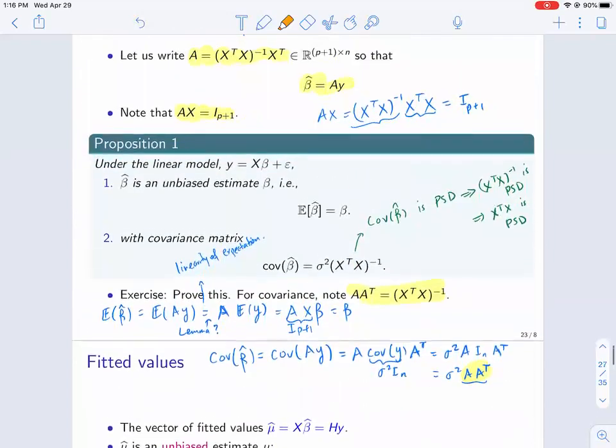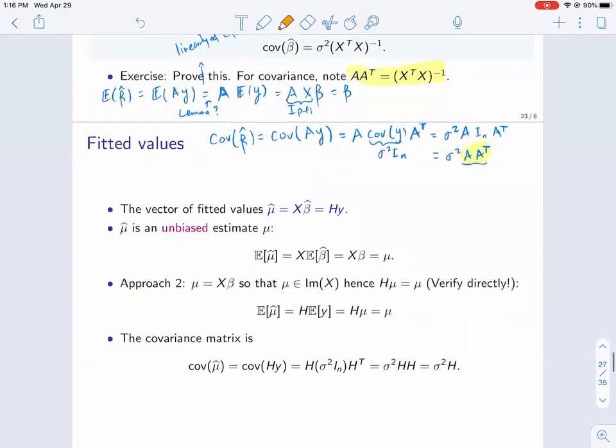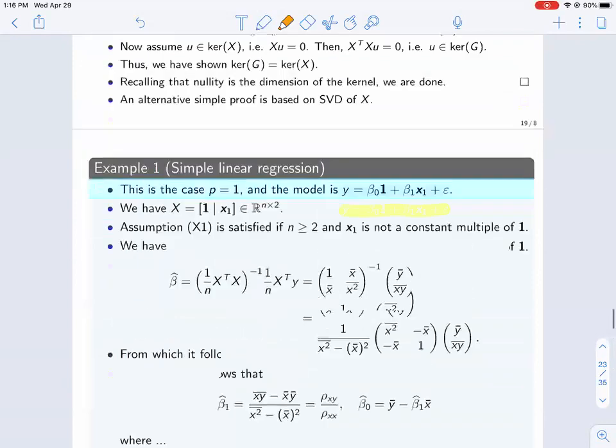The basic idea is that we can repeat the process for other quantities. Another quantity of interest is mu hat, which is X beta hat, and I recall is also equal to HY. This is the H matrix that we defined here.